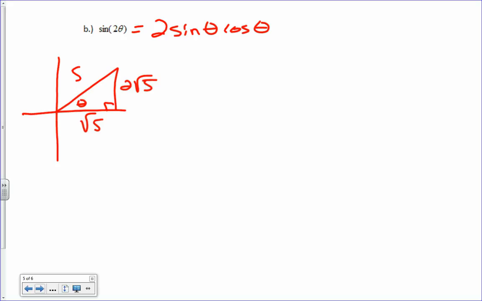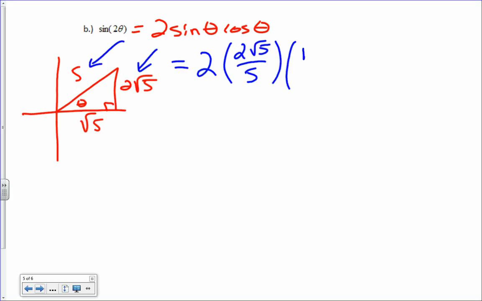Seeing we don't really have a choice, let's just start replacing stuff. 2 sine of theta is 2 square root of 5 over 5, opposite over hypotenuse. It's the same thing it was last problem. And then cosine of theta is square root of 5 over 5. Once you have the picture going, it really doesn't take very long to do these.